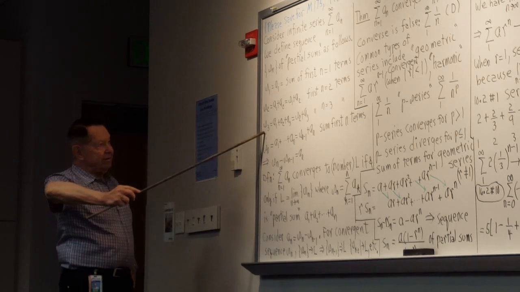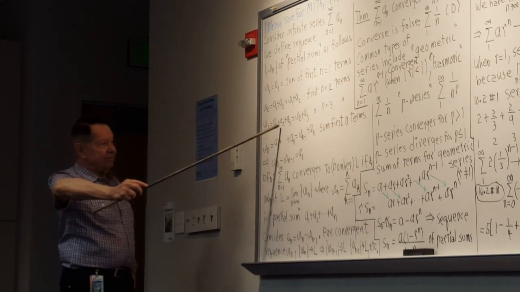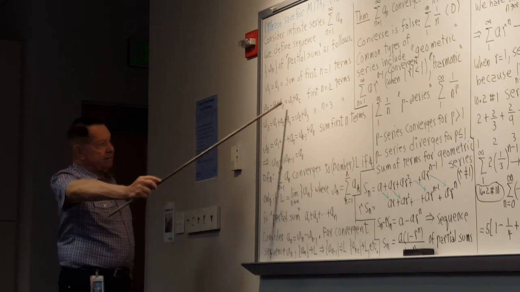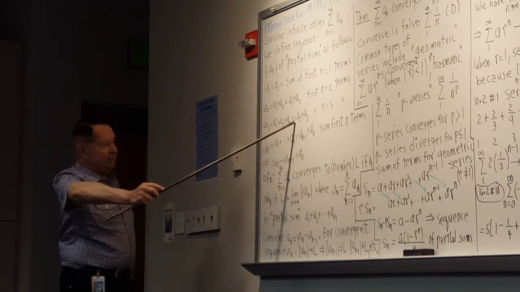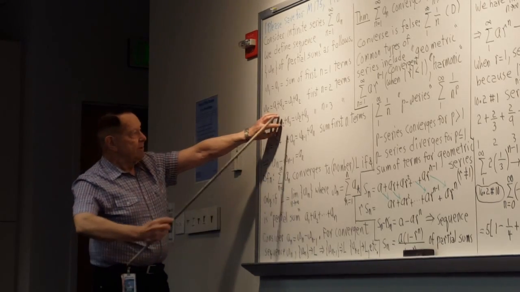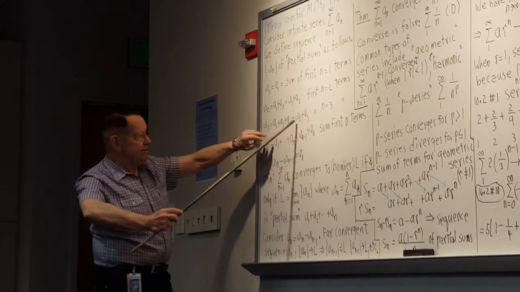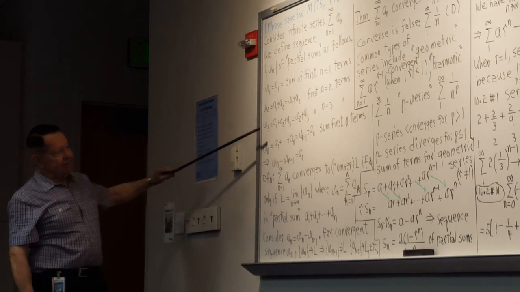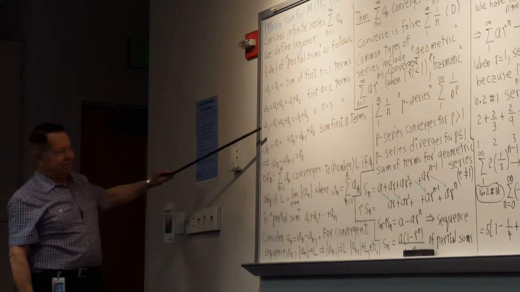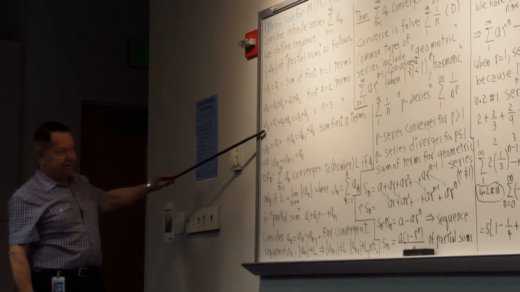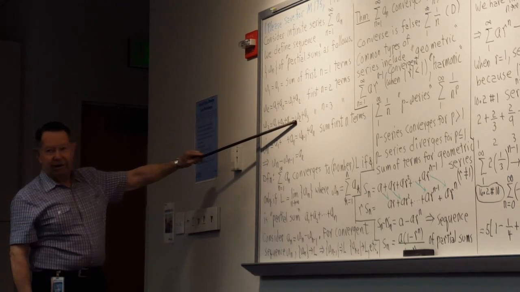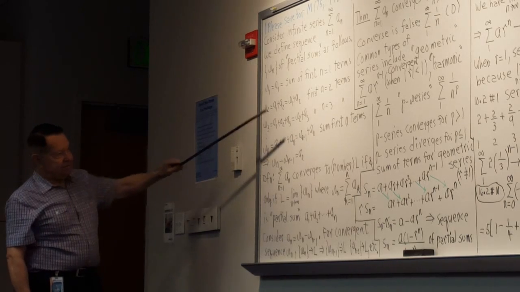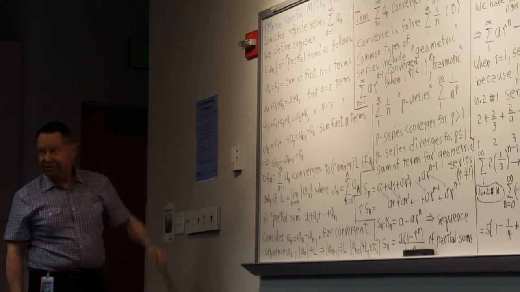In the same way, the third partial sum is the sum of the first n equal 3 terms, and it's also A1 plus A2 then, plus A3, so it's also S2 plus A3. Always the difference between Sn, the sum of the first n terms, and S(n minus 1), the sum of the first n minus 1 terms, this minus that will be the nth term.